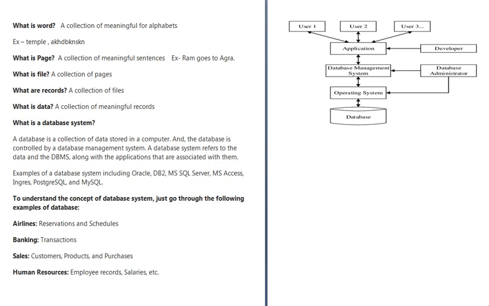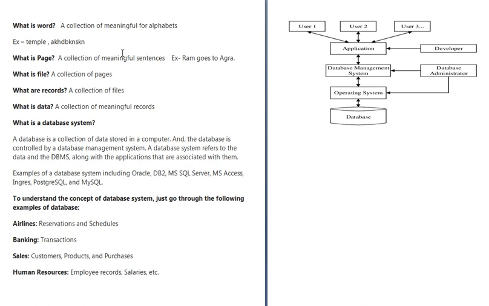Alphabets that are meaningful is called a word. Like "temple" is meaningful. And if we write something random like this, that is not meaningful.